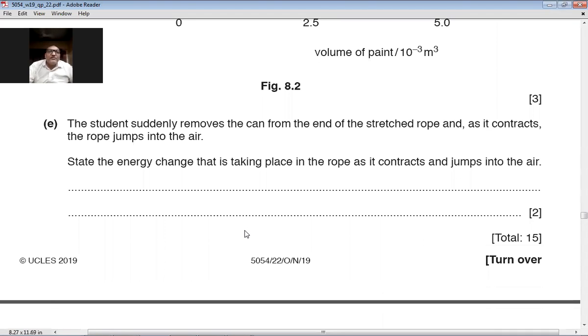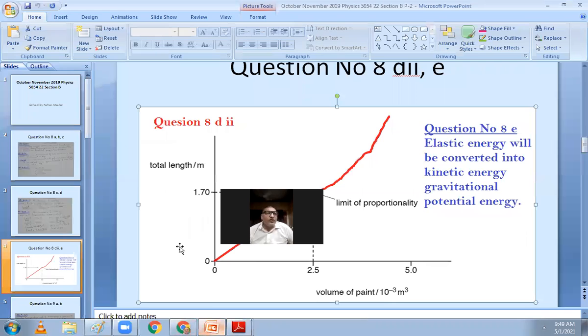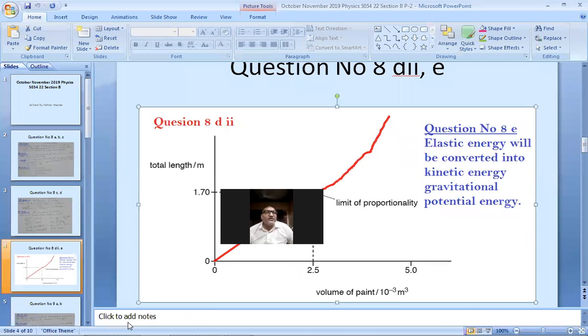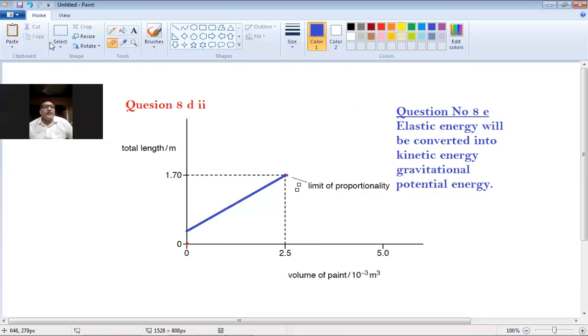Okay, so next part is: the student suddenly removes the can from the end of the stretched rope, and as it contracts, the rope jumps into the air. State the energy change that is taking place in the rope as it contracts and jumps into the air. It's a 2-mark question. Okay, so let me show you my answer. So first of all, let's bring it here.